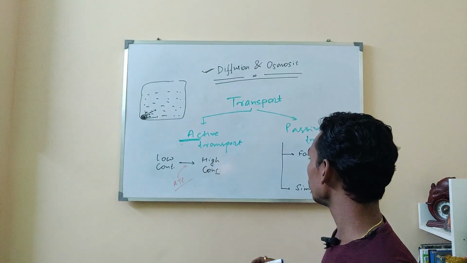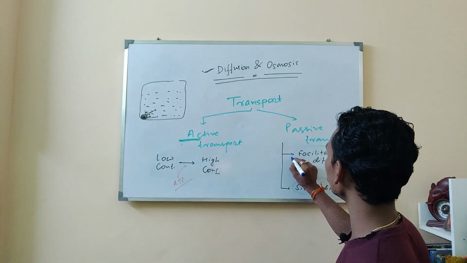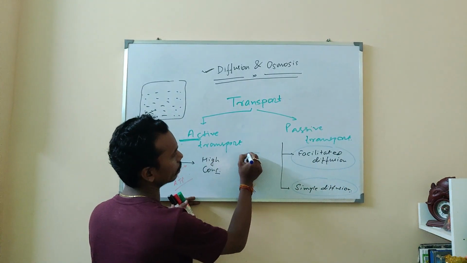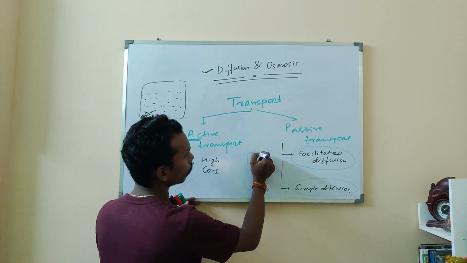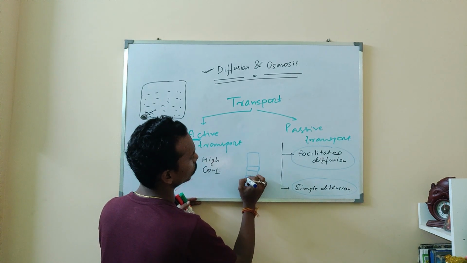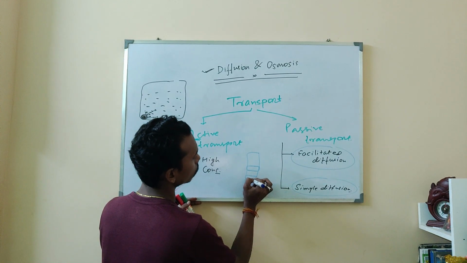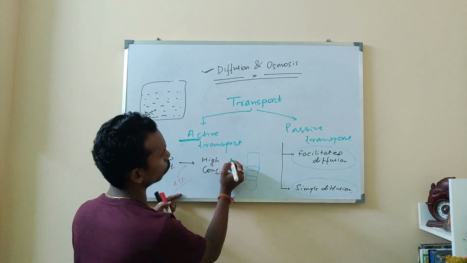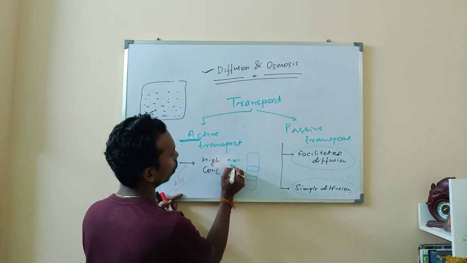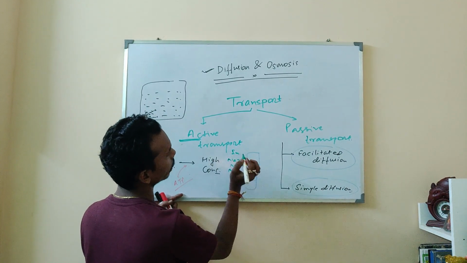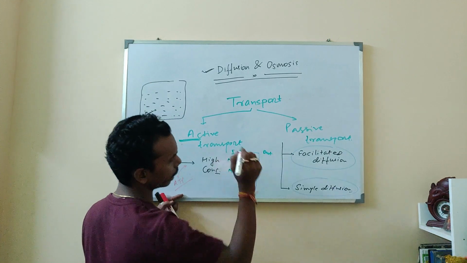So what is the basic difference between simple diffusion and facilitated diffusion? So facilitated diffusion basically deals like this. There is a membrane having some transporter proteins, or you can say some kind of junctions. This protein is basically going to transport, suppose, sodium ion from the inside of the cell to outside of the cell.